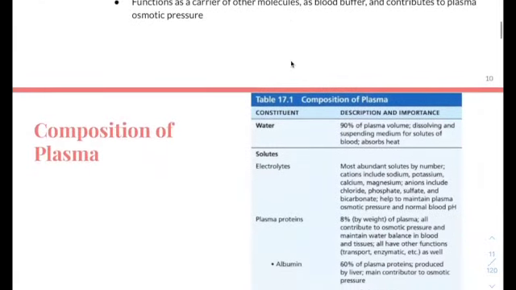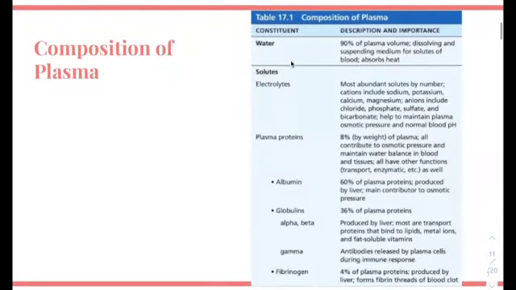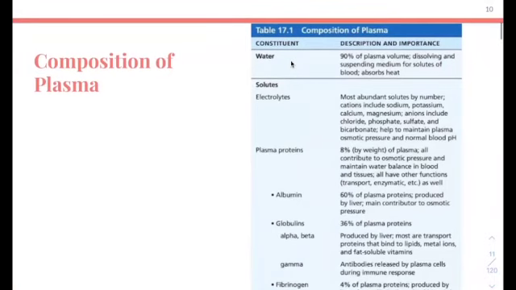So here's what is in plasma. We have water, we have electrolytes, which are very small amounts of certain cations and anions, positive and negative ions.